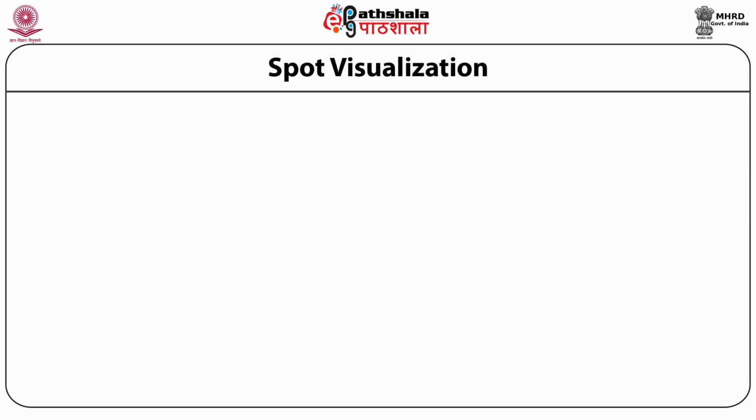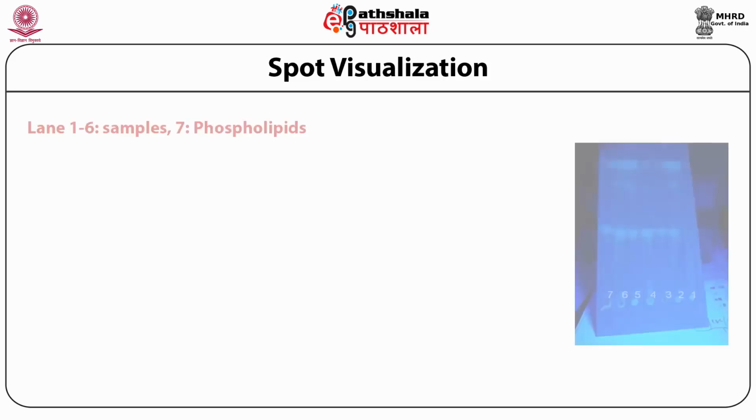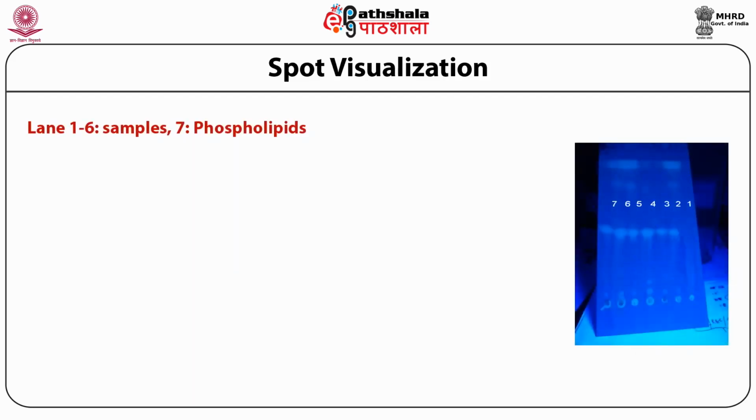Here is a slide with a picture of a TLC done in our laboratory, and the lanes have been labeled 1 through 7. Essentially, this experiment was using the TLC to separate the components of a lipid extracted from membranes, and after the extraction, application and separation, these spots were visualized on the TLC plate.